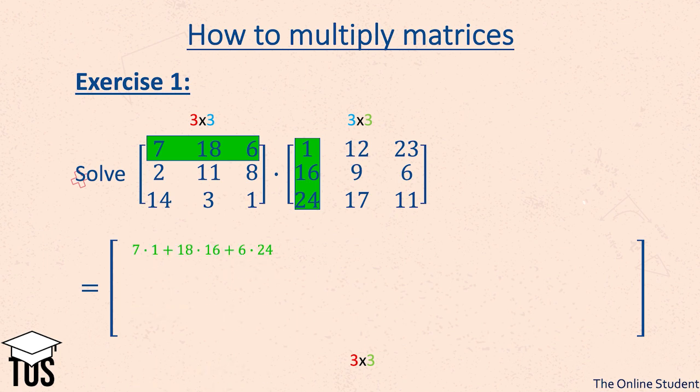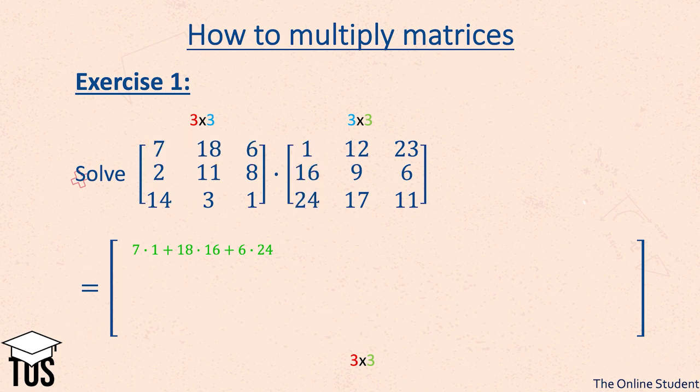So this will be 7 multiplied by 1 plus 18 multiplied by 16 plus 6 multiplied by 24. And because we have taken the first row of the first matrix and the first column of the second matrix, this resulting element will be in the first row and first column of the resulting matrix, so in the upper left corner.